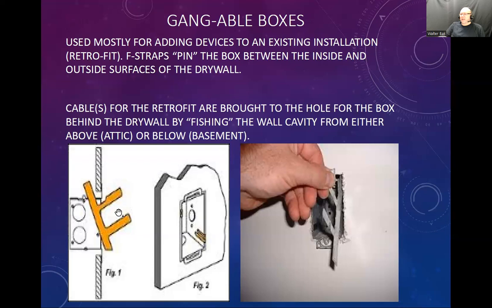These are wonderful devices. With these, you can install a device box right onto drywall in between studs, so none of the box has to be mounted to a stud. And you can still install those device boxes like that.